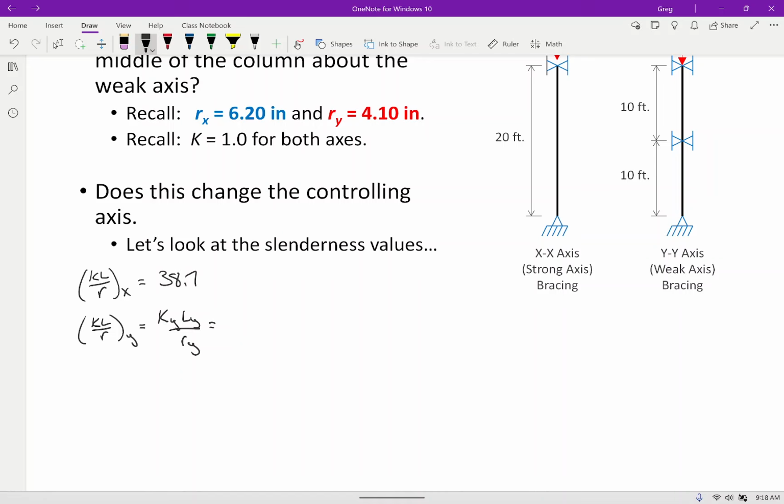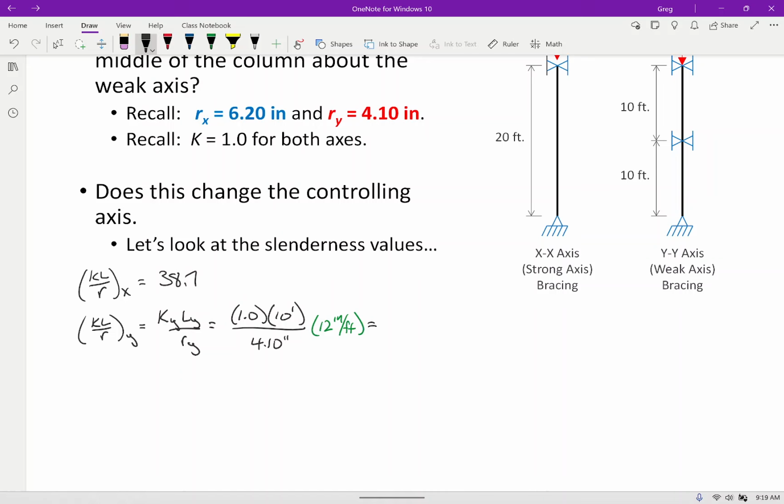Granted, the length changed, so K is 1.0. Now, instead of a single column segment that's 20 foot long, we have two column segments that are 10 foot long apiece. So now let's look at 10 feet over 4.1 inches times 12 inches per foot.